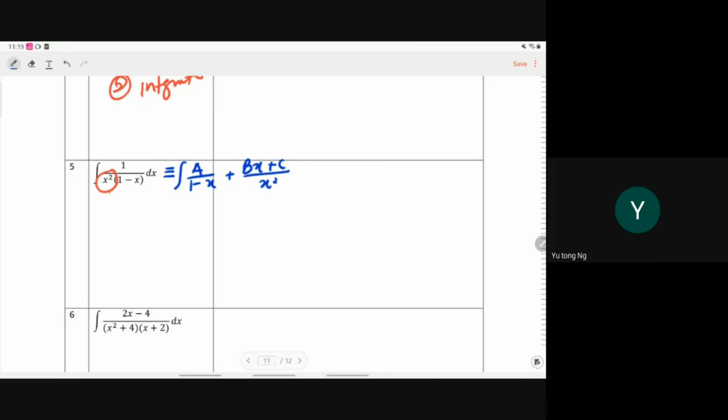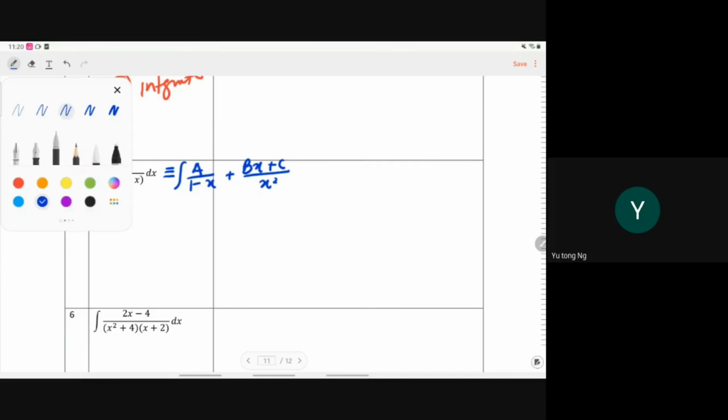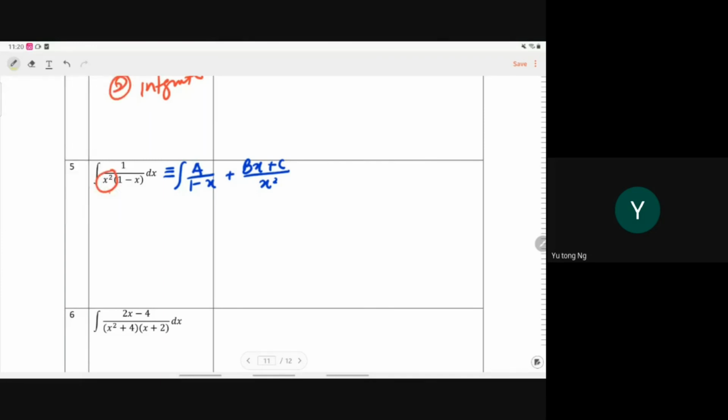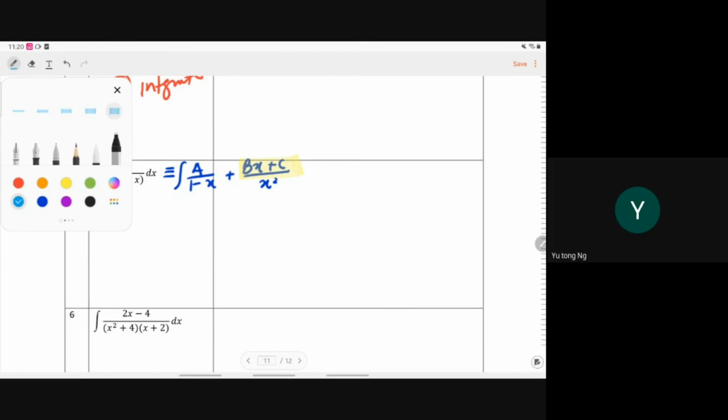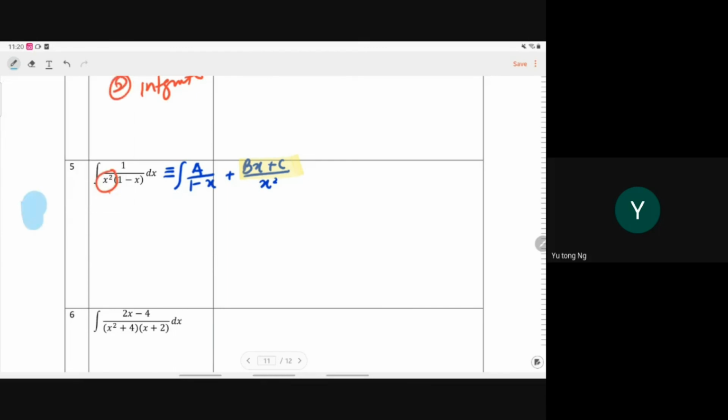Okay, so kalau tadi A dan B saja constant ke atas, but now when you have a quadratic at the bottom, dia akan jadi (Bx plus C) over x square. Okay, so you can refer this dekat muka surat 38. Okay, so kita try solve this one.